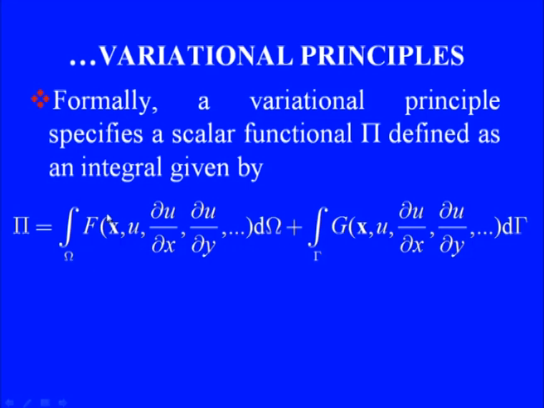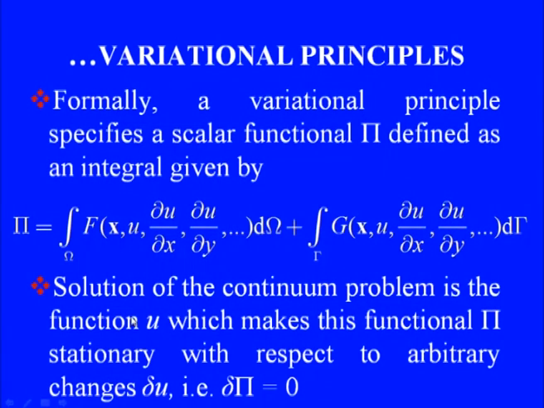Here f is an operator, x is a spatial coordinate, and u is the dependent variable which we want to solve for, plus we might have a surface integral, that is integral over gamma which is the boundary of the domain omega, of another functional g which depends on x, u and the derivatives of u. This integral leads to a scalar quantity which we popularly call a functional, and the popular symbol to use is capital pi.